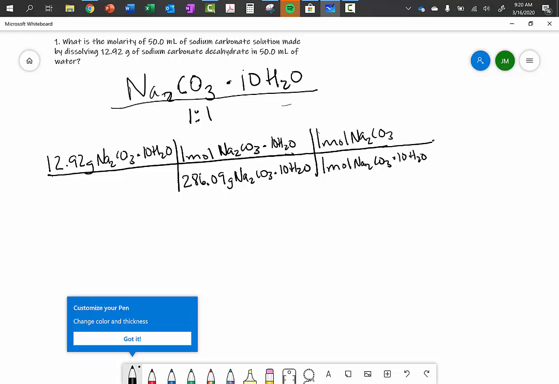And when I work this out, without rounding yet, I should end up with 0.045160614 moles of sodium carbonate.